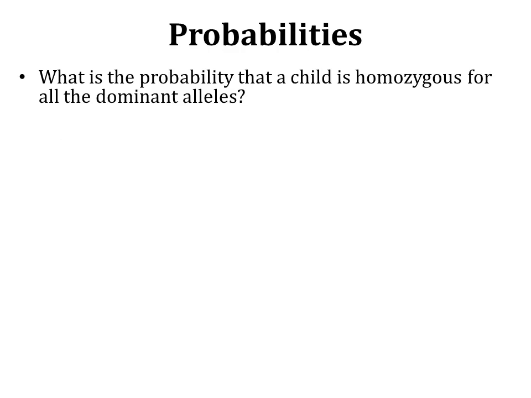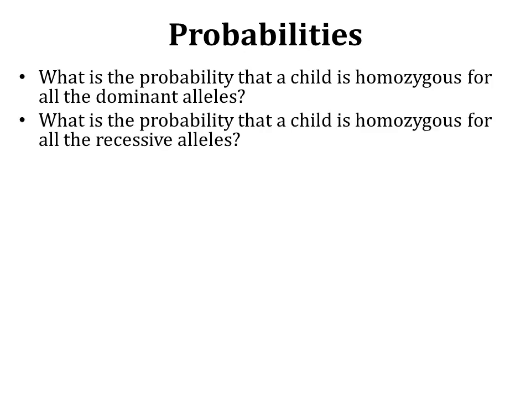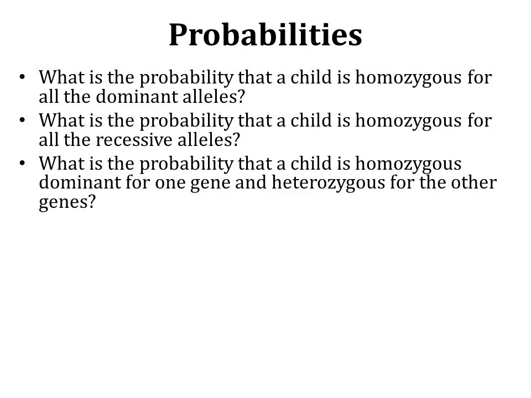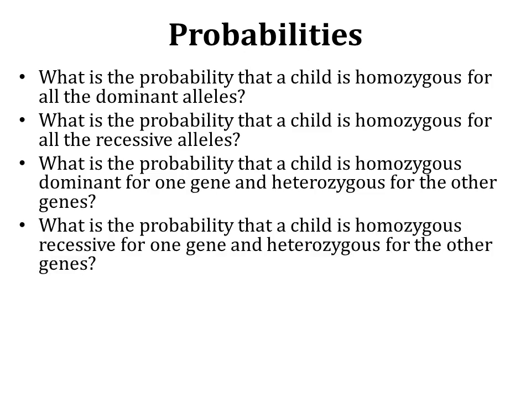Now the questions are, what is the probability that a child is homozygous for all the dominant alleles? What is the probability that a child is homozygous for all the recessive alleles? What is the probability that a child is homozygous dominant for one gene and heterozygous for the other genes? The fourth question is, what is the probability that a child is homozygous recessive for one gene and heterozygous for the other genes?